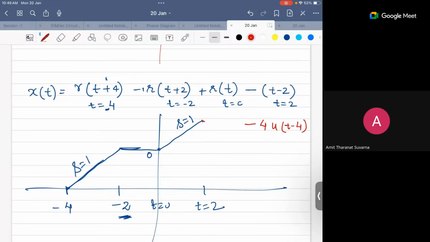In the same function I subtracted the unit step function with a magnitude of -4. What will happen? So earlier the function was going something like that, right? There should be sudden change, right? There should be sudden decrease in the magnitude. Whatever the magnitude it was here, it should decrease by 4, right? This is what we have discussed in the unit step function. Yes, sir. It will go down.